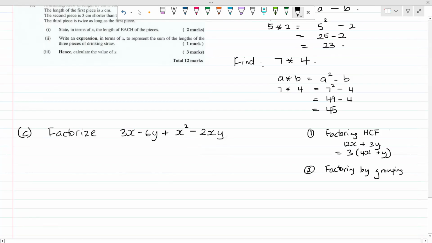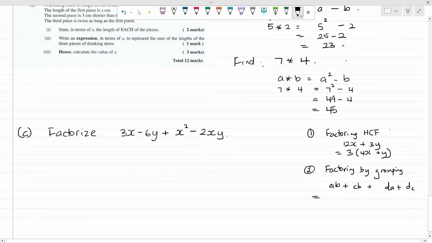Right? And a good example of that is something like AB plus CB plus DB plus DA plus DC.